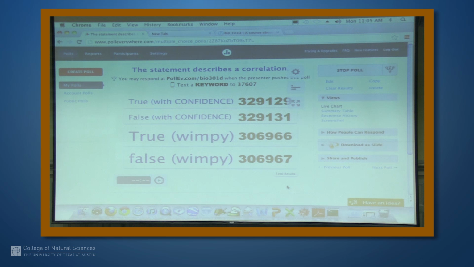I'll go back to the statement in a minute. But let me put these options up. True, 32, 9, 129. Then false, same as last time, the first number.